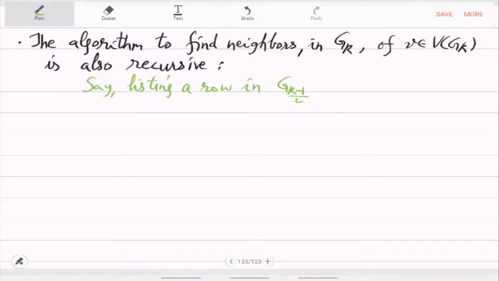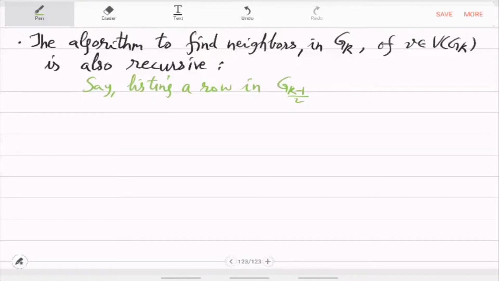Now this row may be very long because G_{k-1}^2 is an exponential sized graph, but remember that any row has very few ones. Everything else is 0. So non-zero entries are very few, right? Because that is by the degree of G_{k-1}, and the degree of G_{k-1}^2 is just d square, right? So there are only d square, which is constant many non-zero entries.